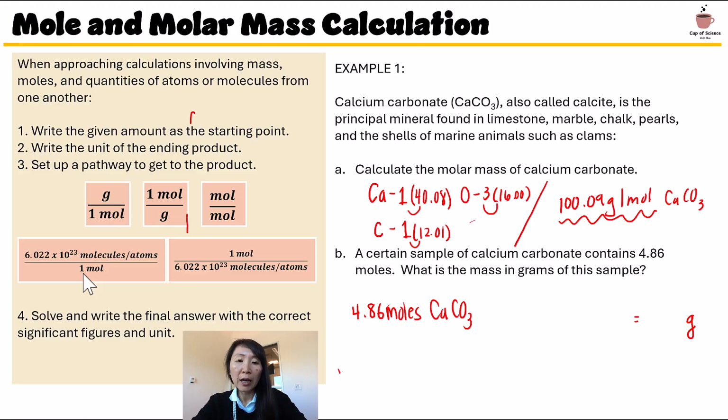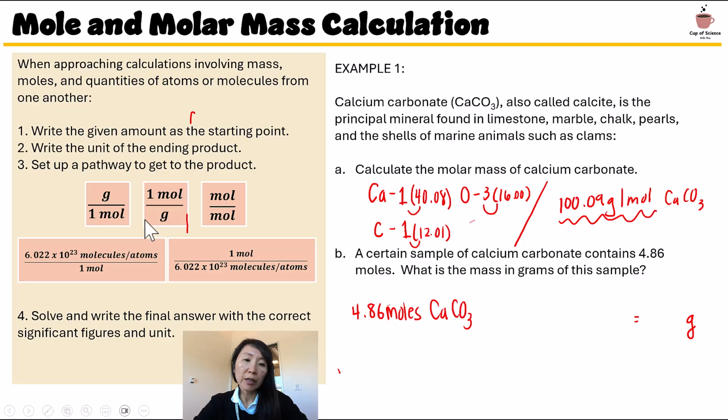Okay, so here I know that I want to have grams for sure, and I want to cancel out moles. So which one do you think you can use? The first, second, third, fourth, or fifth? These are all unit conversions that you could use to cancel out the moles. So if you're canceling out the moles, obviously it's going to be something that has moles on the denominator, on the bottom of the fraction.